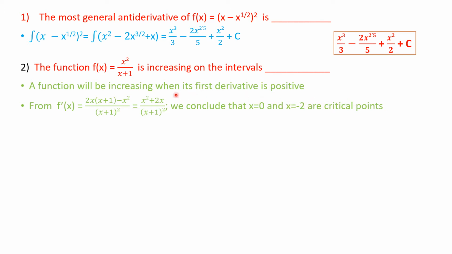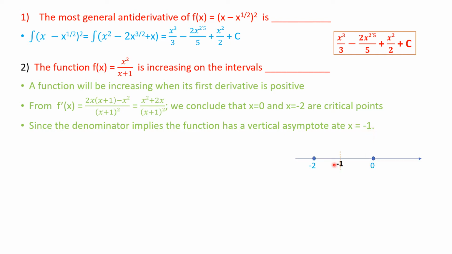We can also conclude that the denominator implies that the function has a vertical asymptote at x equal to negative 1.